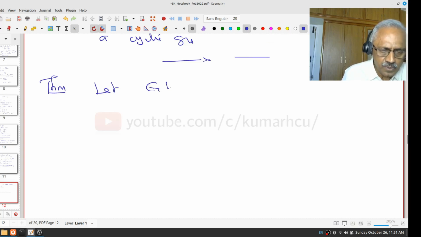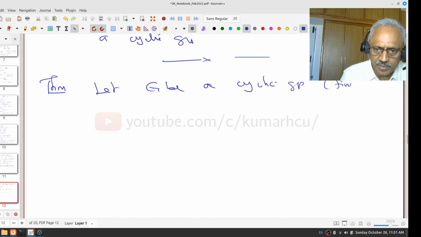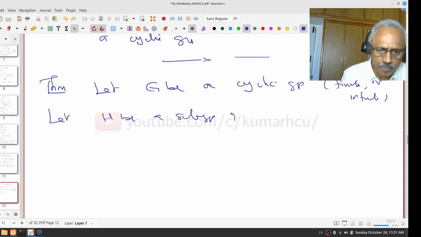Let G be a cyclic group. That means it could be finite or infinite. Let H be a subgroup of G. Then H is cyclic.